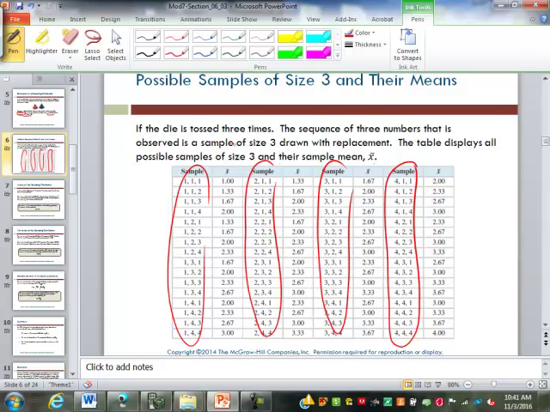So anyway, what we've calculated then for each of those samples of 3 is we found the mean of that sample. So these means, that is our sampling distribution. Now we're looking at those means and how they distribute, what type of curve they make, what the mean of those means is, and what the standard deviation of those means is.